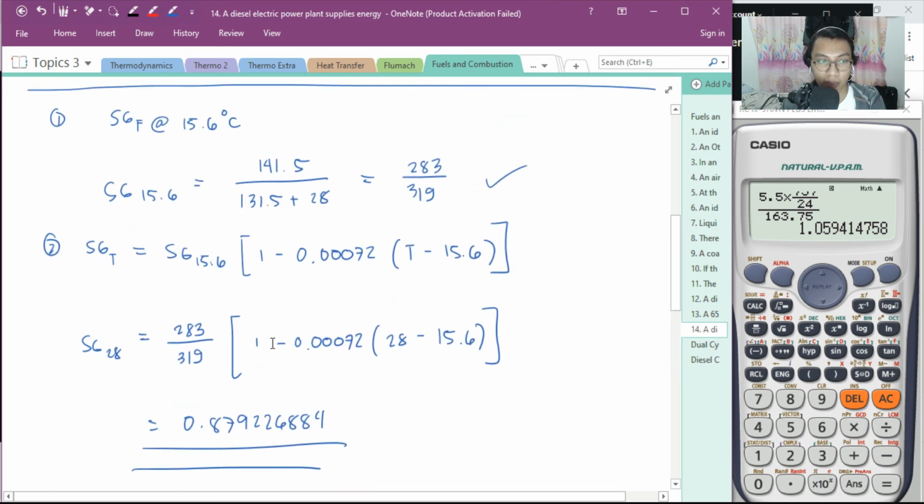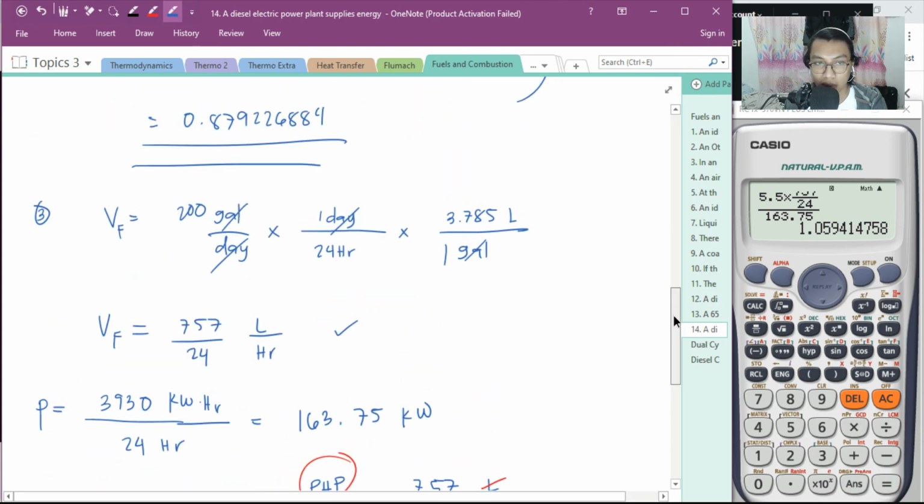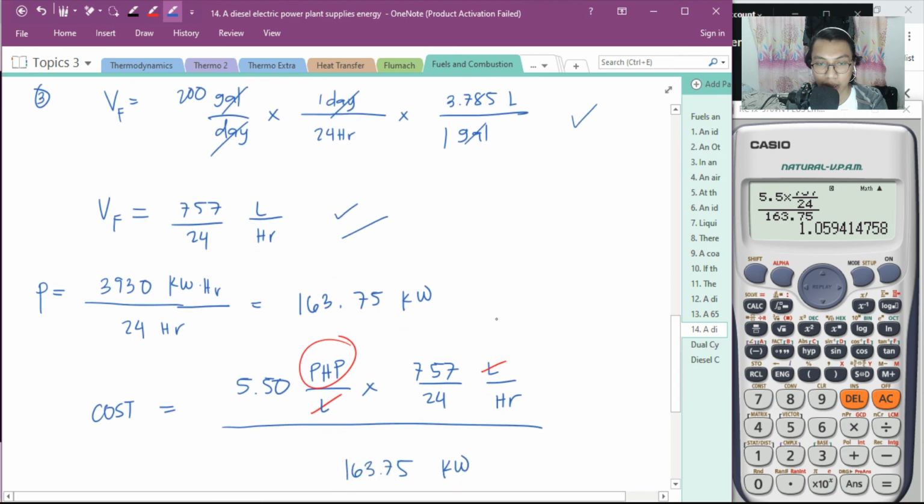Actually, ito lang eh. Hindi mo na kailangan dumaan dito. Okay? Kahit di na kayo dumaan dyan. Dito na lang kayo dadaan. Una, kunin mo yung volume flow rate niya per hour. Ito, nakuha mo. Tapos, kunin mo yung kanyang power. Total power that is produced, hindi within 24 hours. Yung total power na produce niya using that fuel.